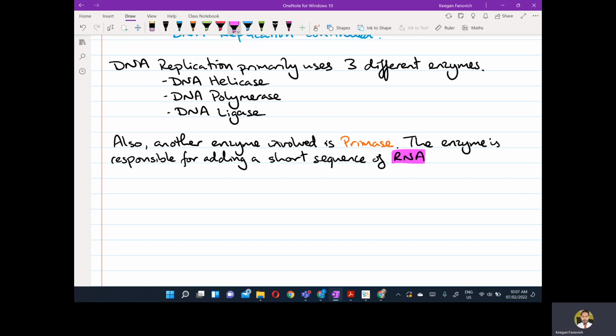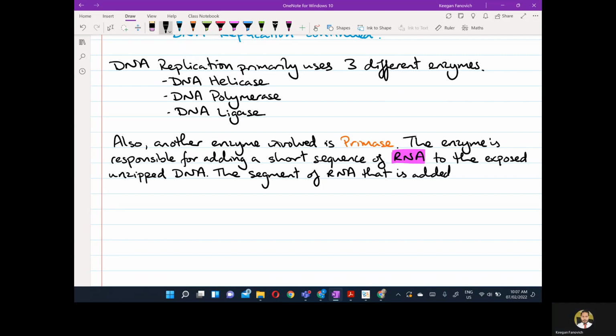Careful whenever you're writing this up. It's RNA, right? Adds a short sequence of RNA to the exposed unzipped DNA. All right. The segment of RNA that is added is known as a primer.